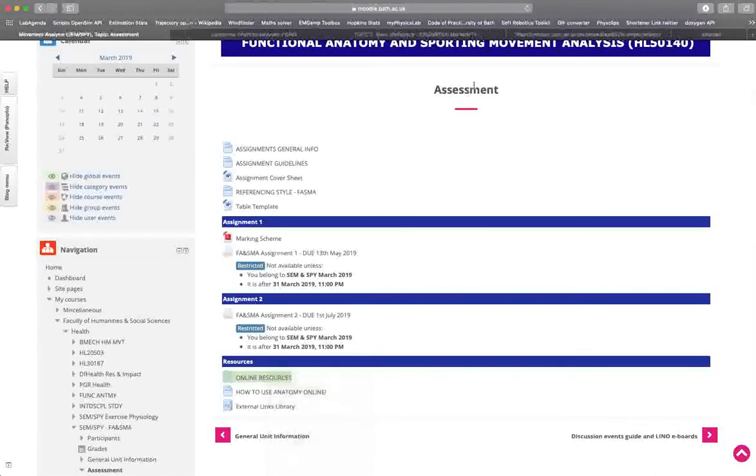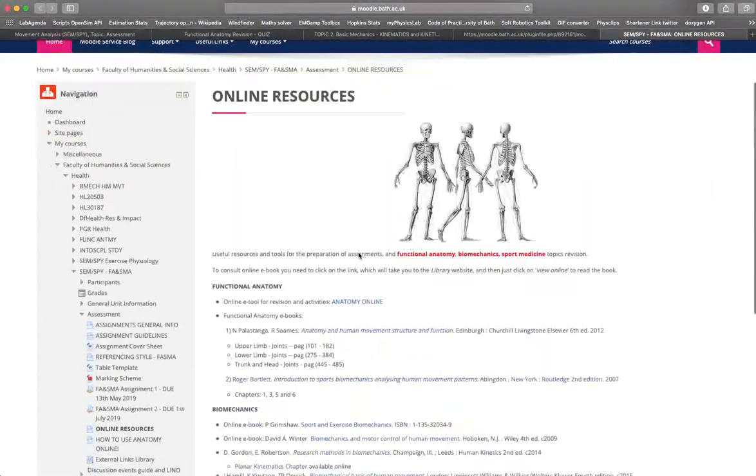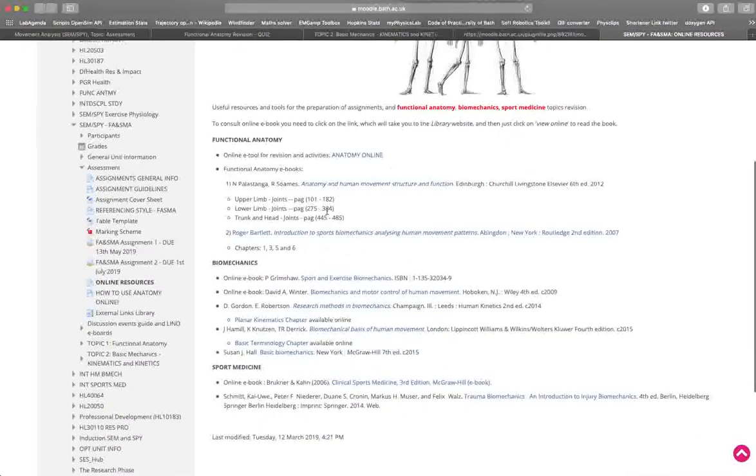If you open this link, you can see that there are different books and textbooks that you could have access to. Most of them are ebooks, so you can download the PDF or read it from the web. And that's true for functional anatomy textbooks and biomechanics textbooks.